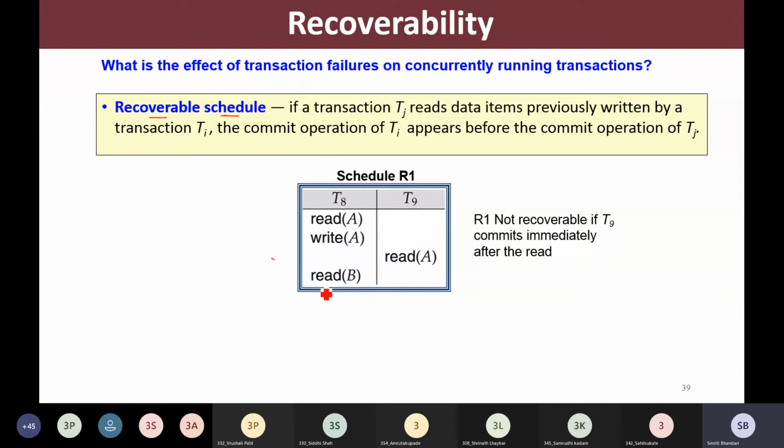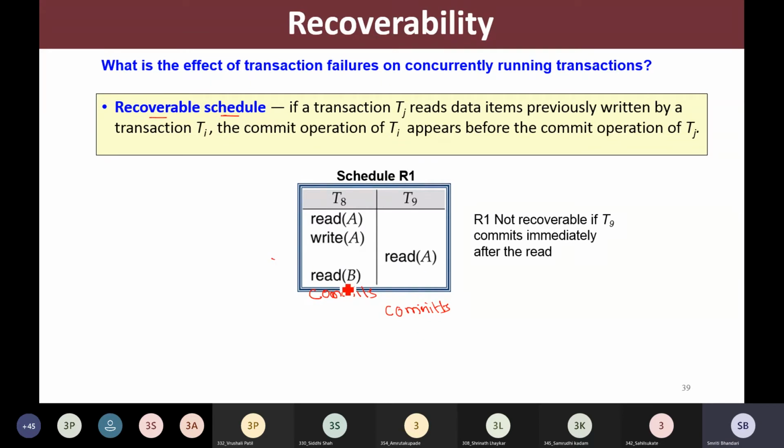If T8 commits here and then T9 commits, there will not be any problem, because this is successfully done, and whatever is written here is read by T9, and this also successfully commits. So there is no issue.